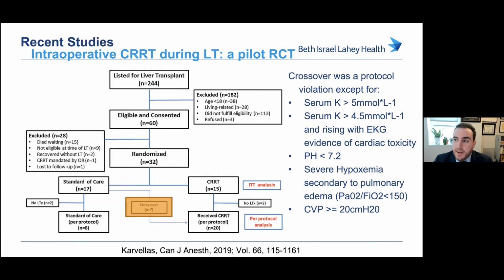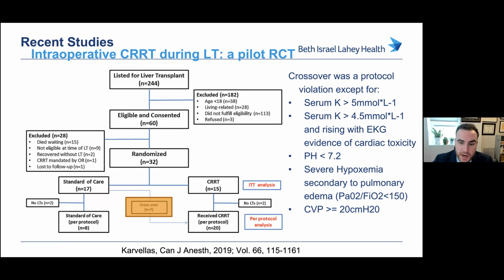Another interesting thing about this trial is that out of the 32 patients randomized, of the 17 patients that were randomized to standard of care, 7 crossed over in the OR and received intraoperative renal replacement therapy anyways.